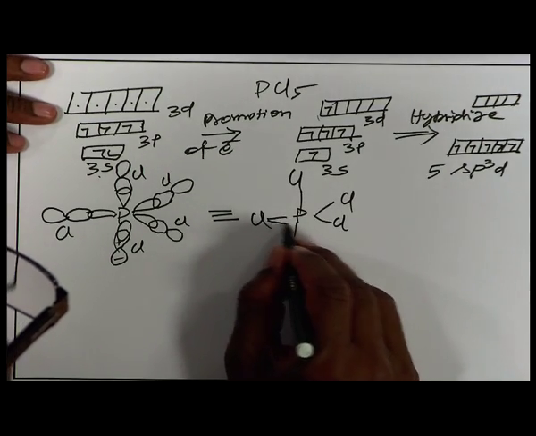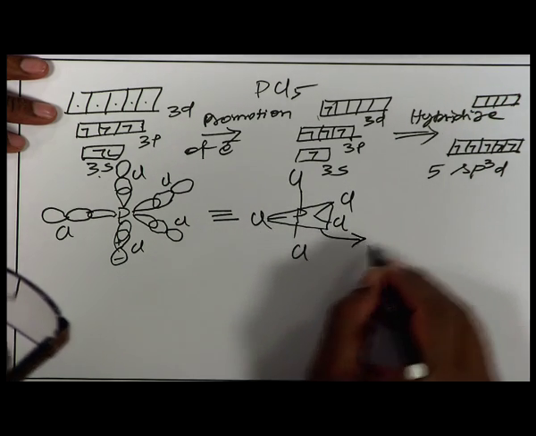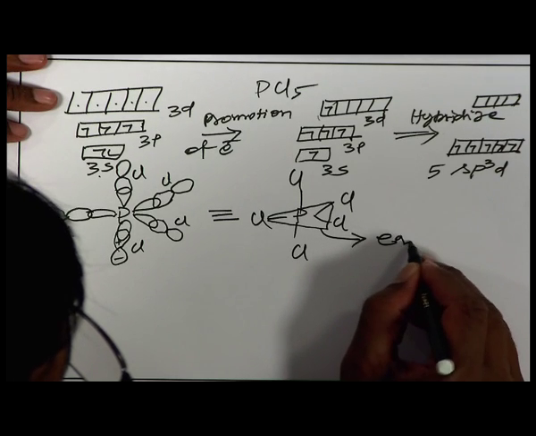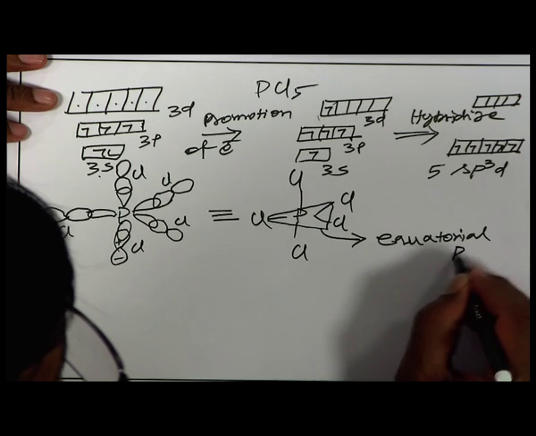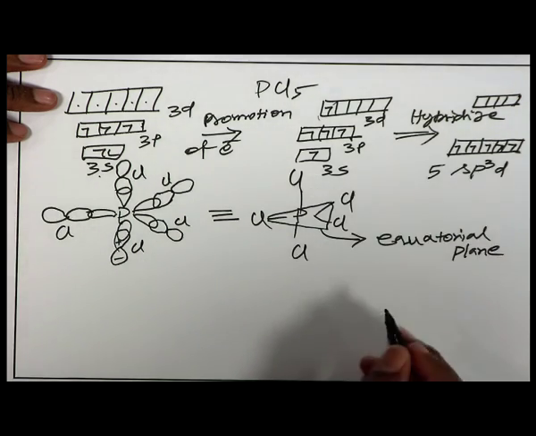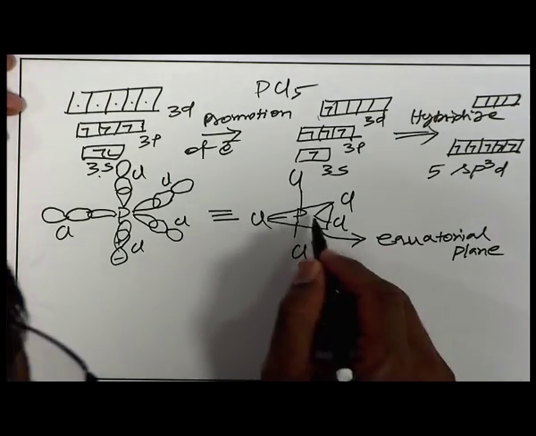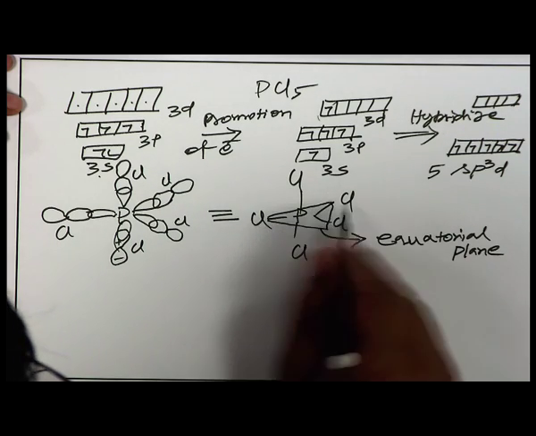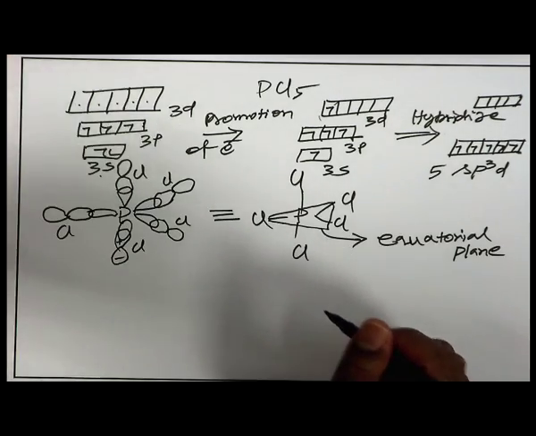Okay. So, this is a plane. This plane is called the equatorial plane. The orbitals used to form bonds with these three chlorine atoms are called equatorial orbitals.